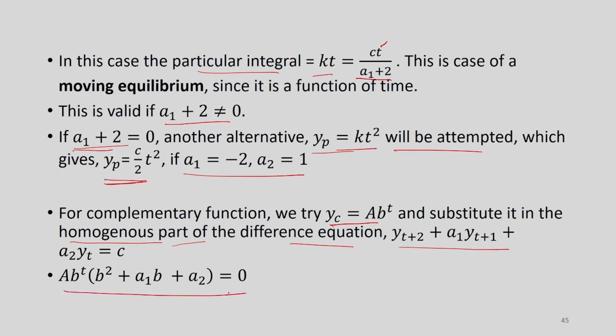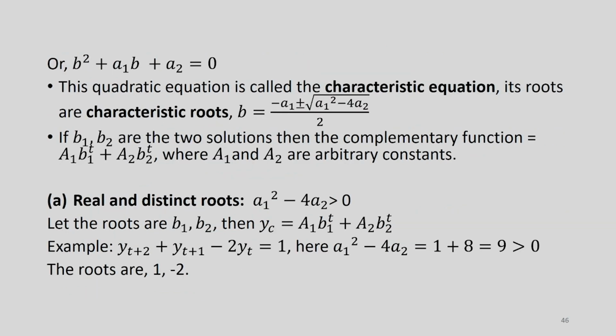This will give me A b to the power t multiplied by (b square plus a1 b plus a2) is equal to 0. Since A b to the power t is not equal to 0, only the other part is equal to 0: b square plus a1 b plus a2 is equal to 0.